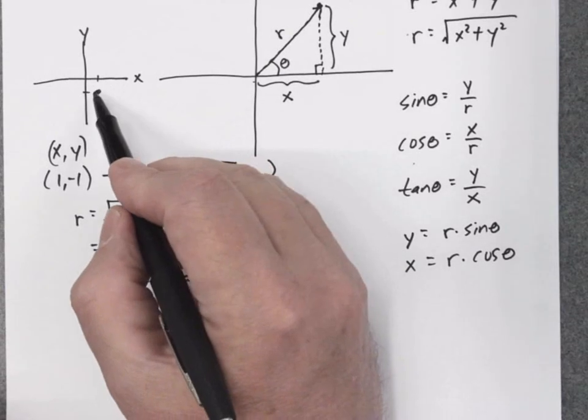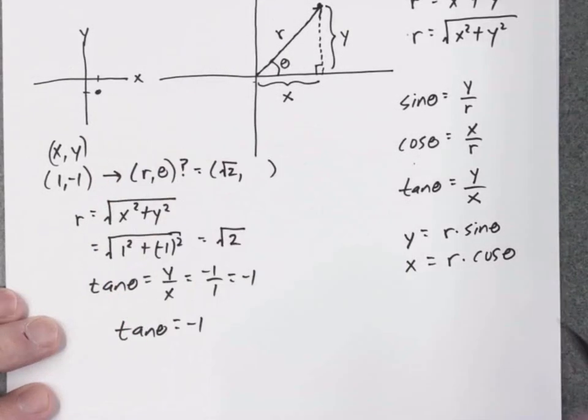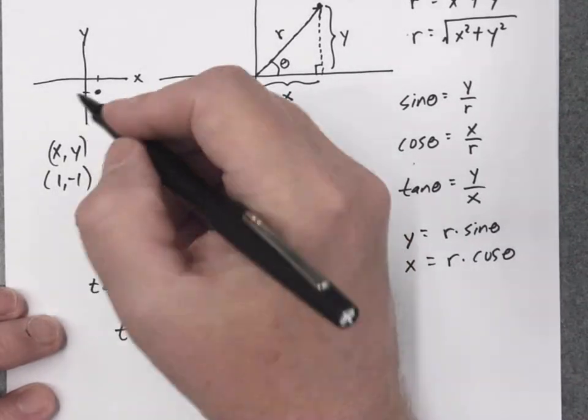So knowing my points here, we've done this before. I need to find the angle. Ask myself, what's the angle where the tangent is -1 in this quadrant? Well, the tangent is -1. That has to be where the sine and the cosine are the same. And where does that occur?